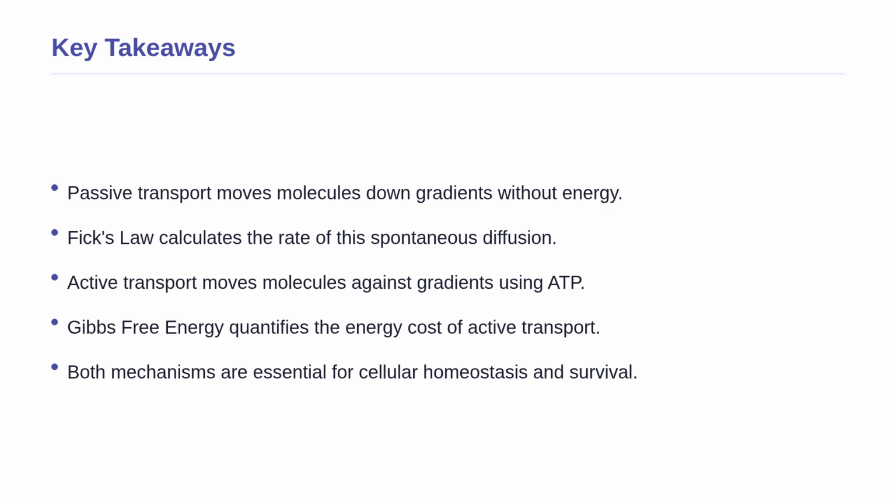Second, we explored active transport, which is the cell's heavy lifting mechanism. It uses energy, like ATP, to force molecules against their natural gradients. We then used the Gibbs free energy equation to calculate exactly how much energy this uphill battle costs.